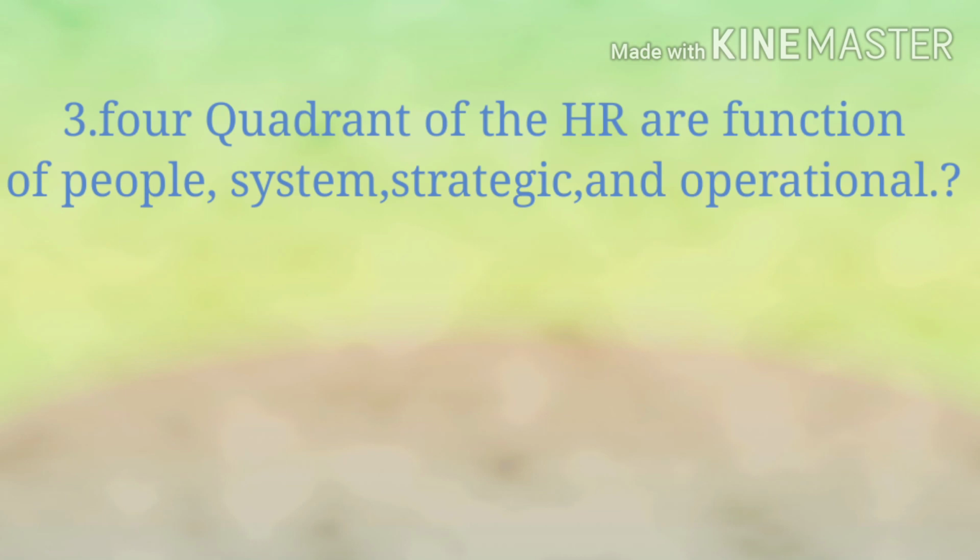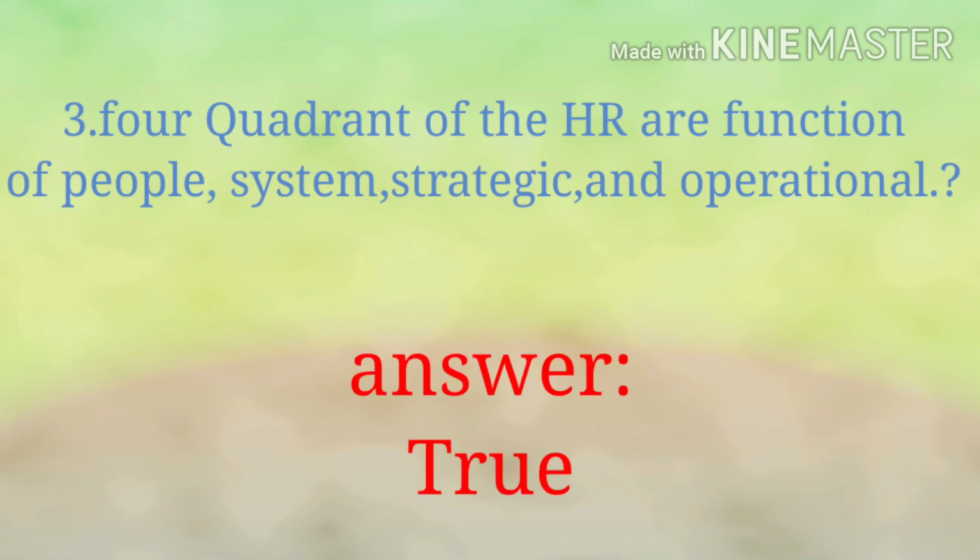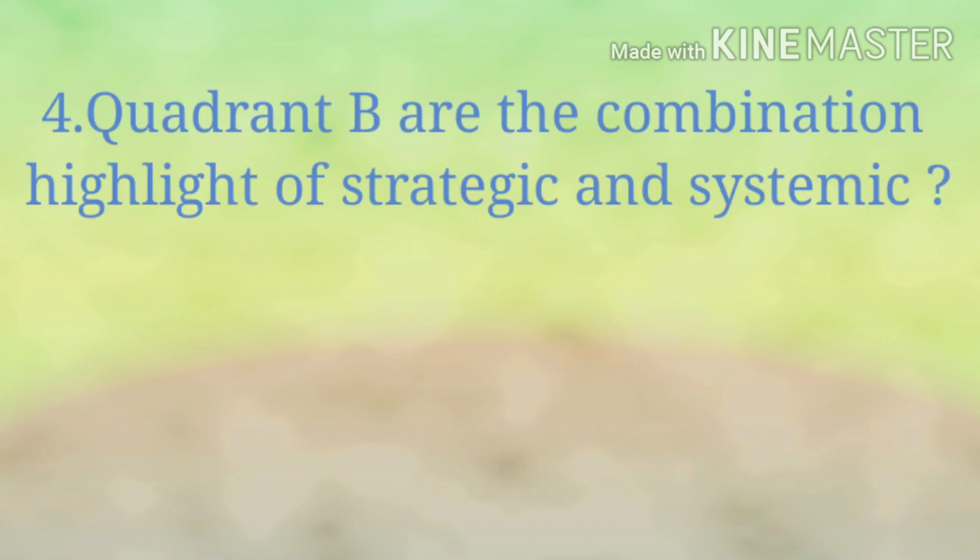Question number 3. The 4 quadrants of human resources are a function of people, system, strategic, and operational. Correct. The answer is true. Question number 4. Quadrant B is the combination of the highlights of strategic and systemic.